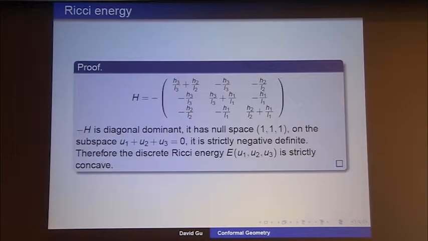So you'll see that all the off diagonals are negative, and the summation for each row is 0. Therefore, this matrix is diagonally dominant, and so it is semi-positive definite. From here, we show the convexity of the energy.